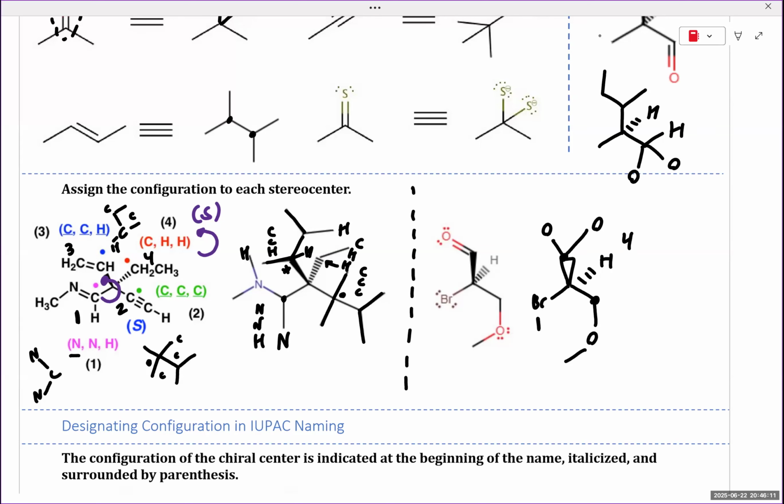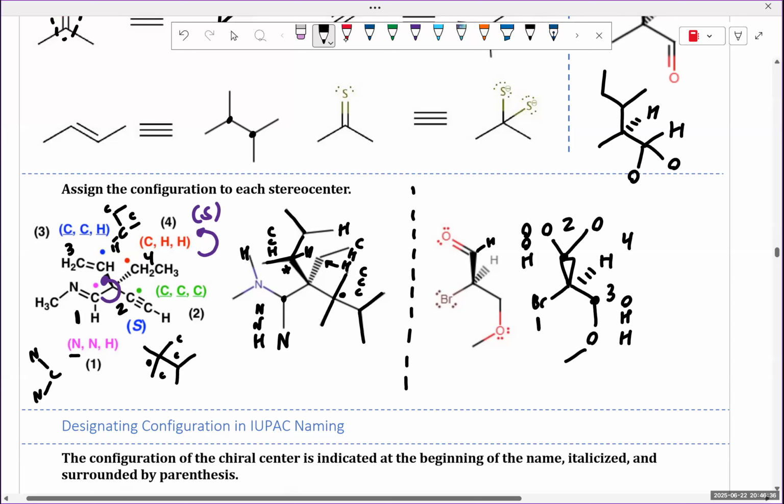Looking at these carbons, we have a tie. Carbon-carbon, there's a tie. Attached to this carbon are two oxygens and a hydrogen. Attached to this carbon is an oxygen and two hydrogens. Two oxygens win out over an oxygen and a hydrogen. So this group will be priority 2, while this group will be priority 3.